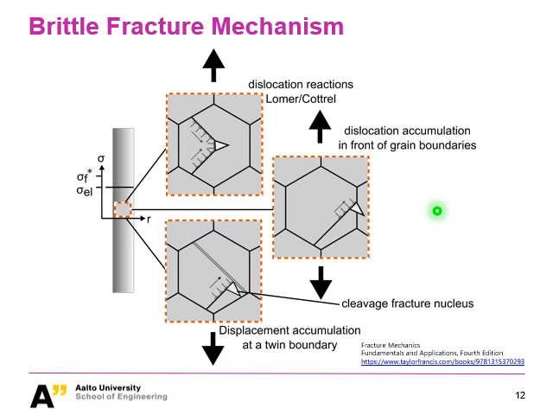The third one is a little bit less common to see compared to the previous two. It is when the dislocations accumulate at the so-called twin boundary. So these are the three types of crack initiation triggers.